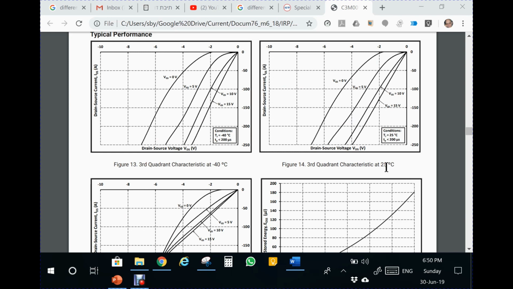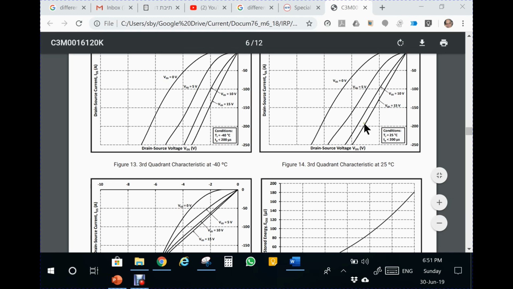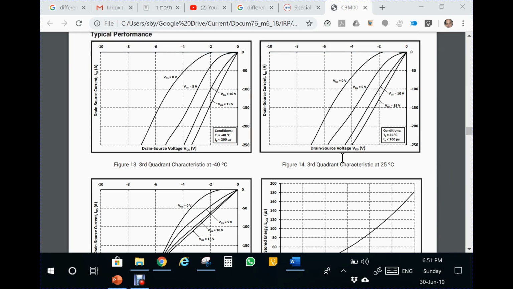This is the third quadrant characteristic at 25 degrees. Obviously, it is a function of the gate-to-source voltage, that is, we like to turn the device on. So say when it is 15 volt, it is a straight line, and this would mean that it is like an RDS on. So it's RDS on in both directions.